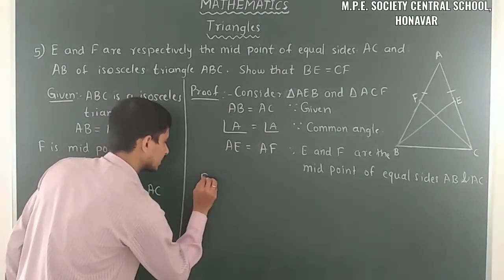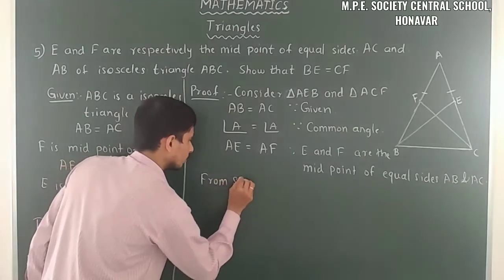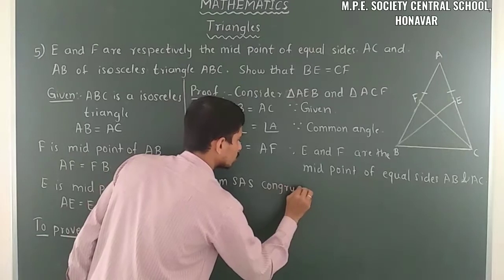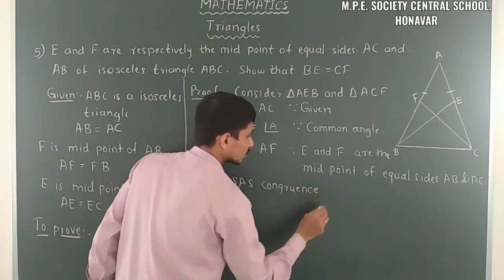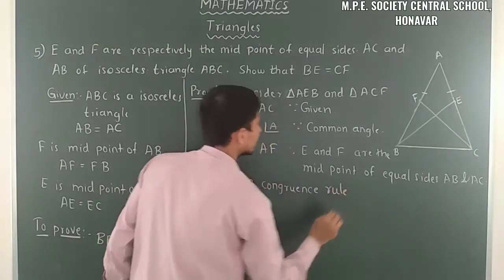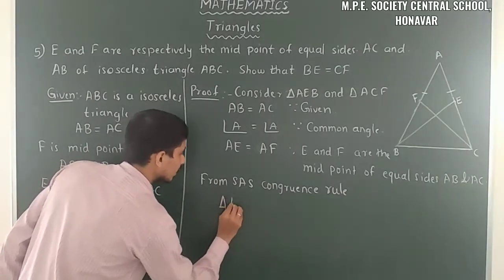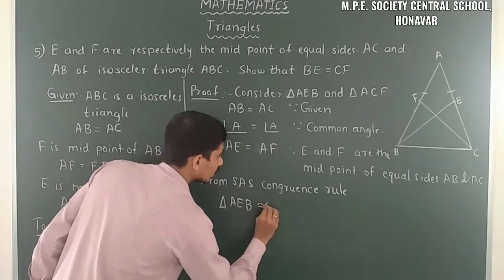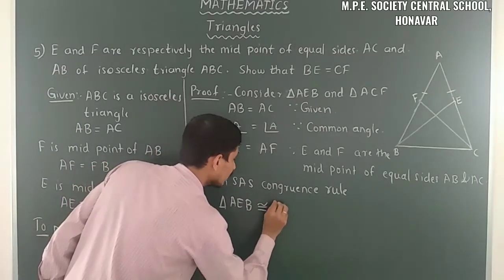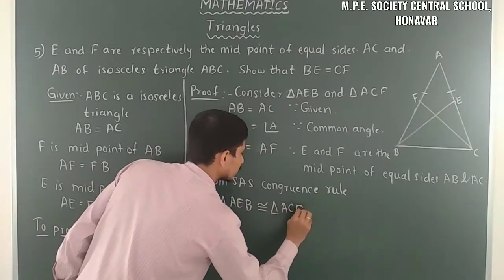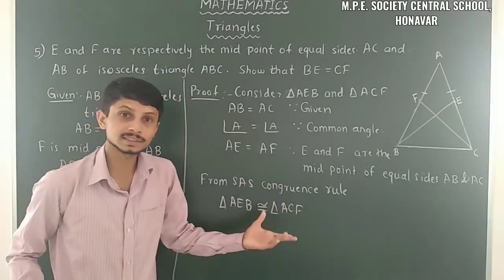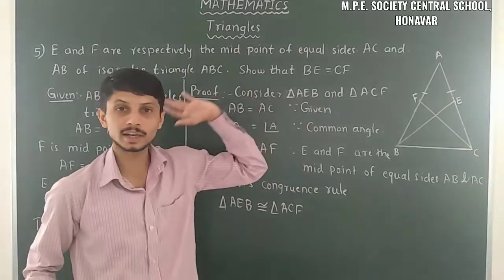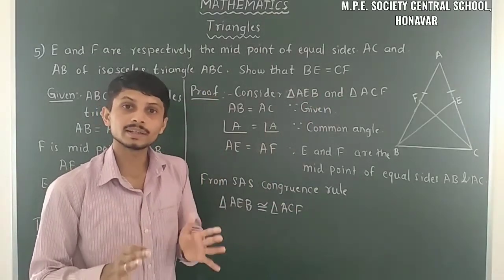So from the SAS congruence rule, we can take triangle AEB is congruent to triangle ACF. That means all the corresponding parts of those two triangles are one and the same.